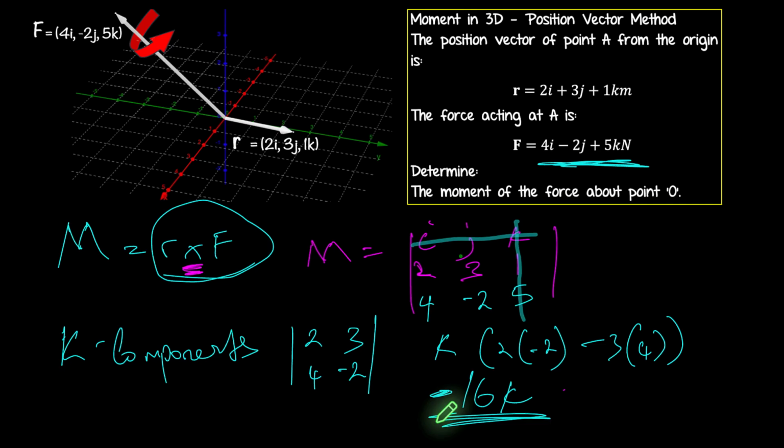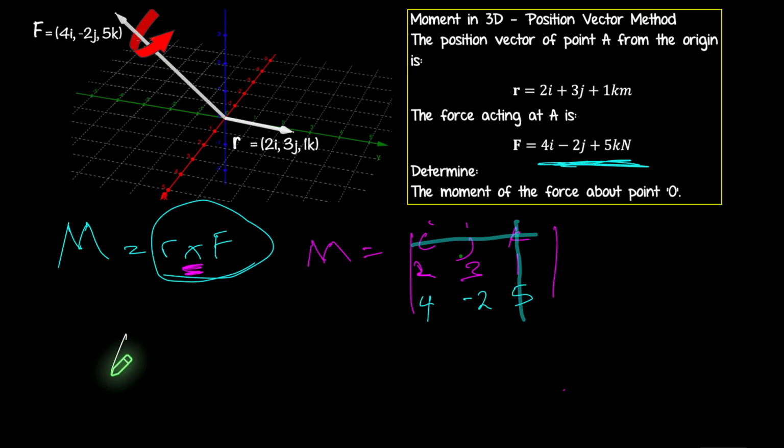Now what we have to do next is write down the vector that represents the moment using all these components. So we have M for moment equals the result of r times f that we just did.